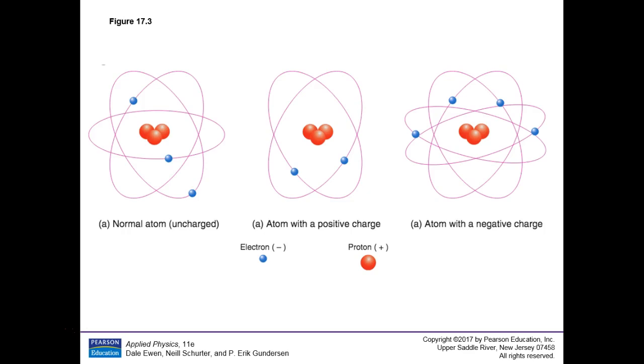Now flying around here are these electrons. Oh, and in the nucleus we have protons, which are positively charged, neutrons, which have no charge, and electrons out here that are negatively charged. These electrons have almost no mass. I mean, they have a little bit, but way, way, way less than what a proton or a neutron has.